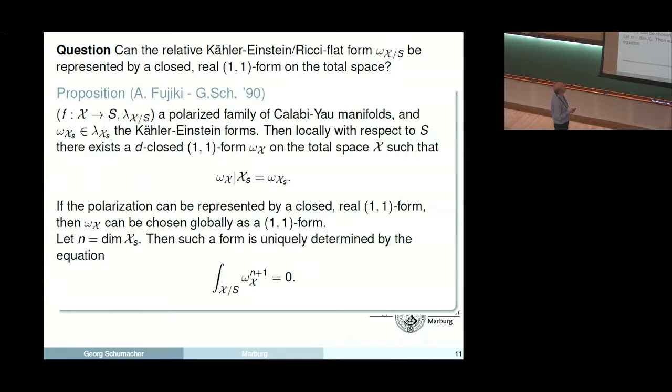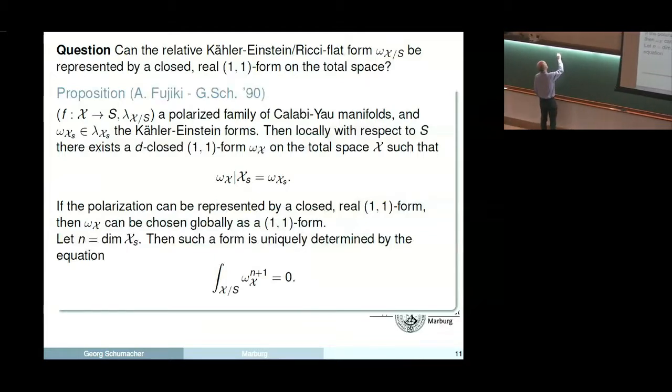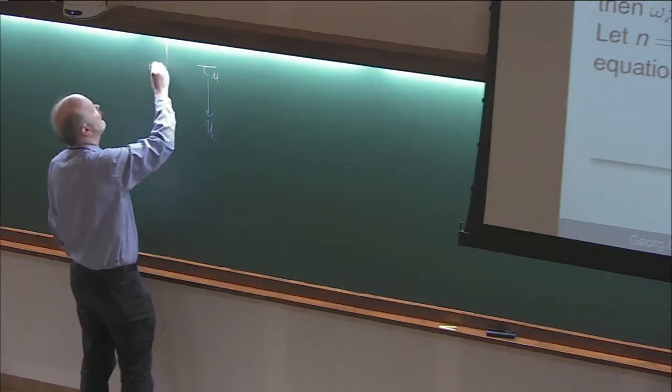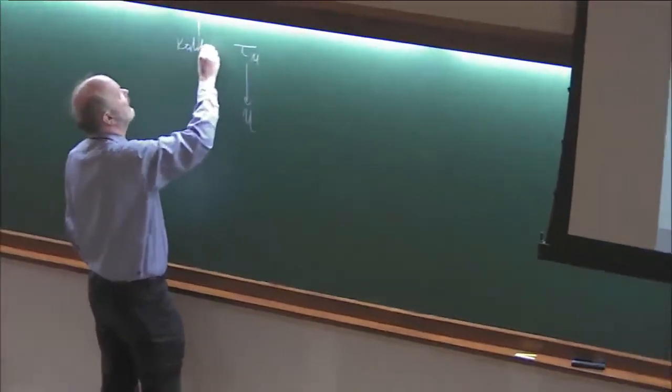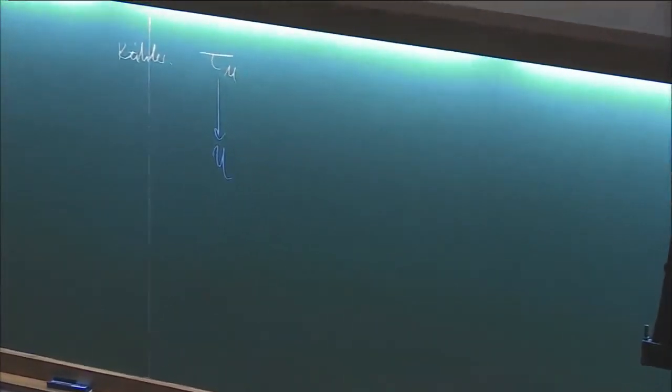And so the usual approach, of course, is first the following. We start with a, call it tau u over u. So then we have a Kähler form at the top, Kähler, or yeah, at least strictly positive on the fibers.